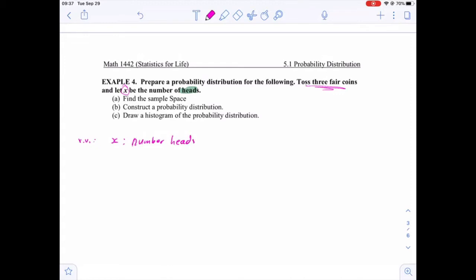So we first define the random variable, and then we want to find the sample space after tossing a coin 3 times, or tossing 3 fair coins. The first coin can give us head or tail, the second one head or tail, the third one head or tail.